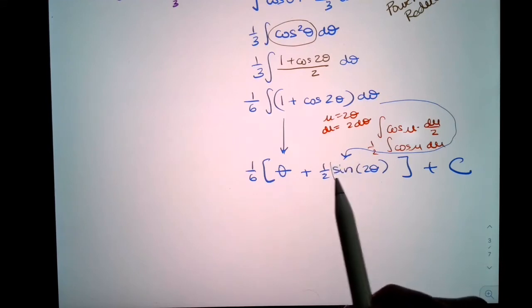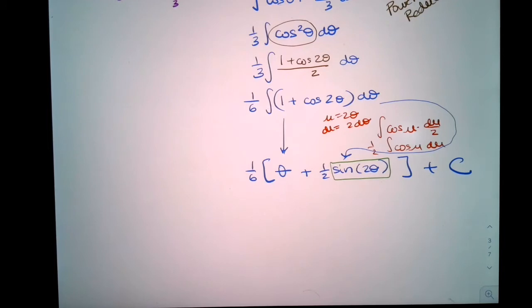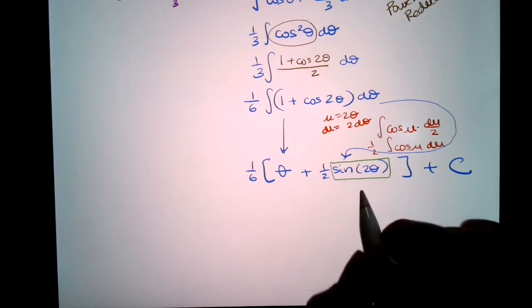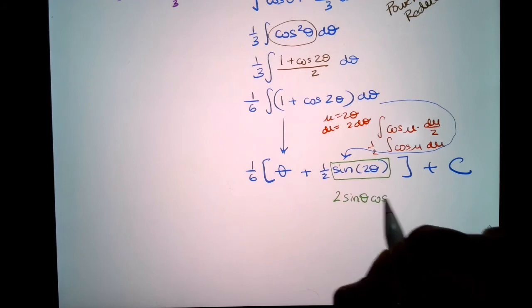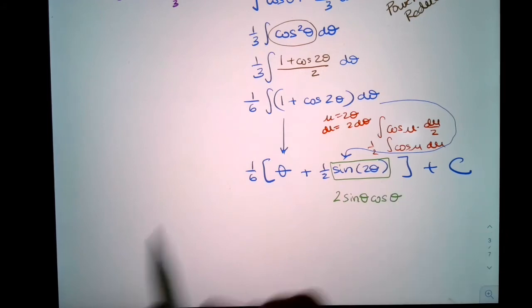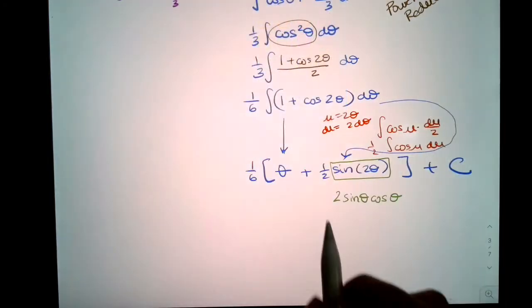On your formula sheet, you have a legal swap for sine 2 theta. So I want you to find that. It's in your double angle section. Sine 2 theta is the same thing as 2 times the sine of theta and the cosine of theta. I'm making that swap for a particular reason.